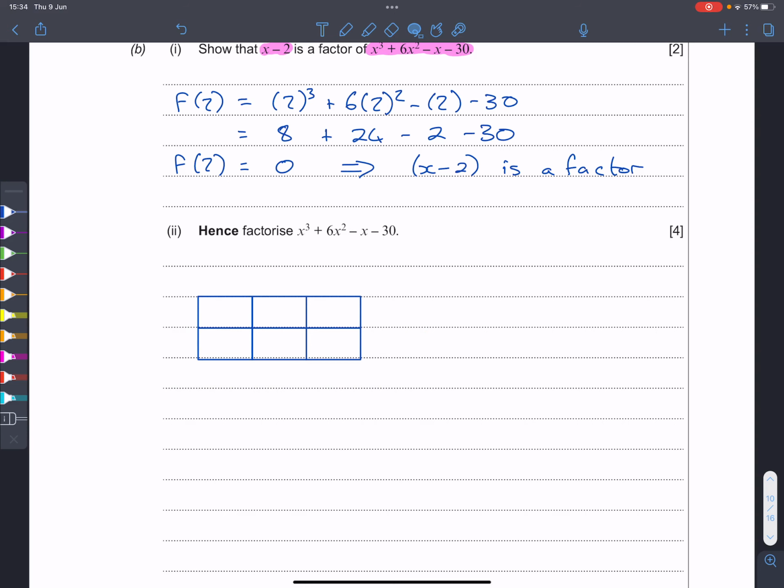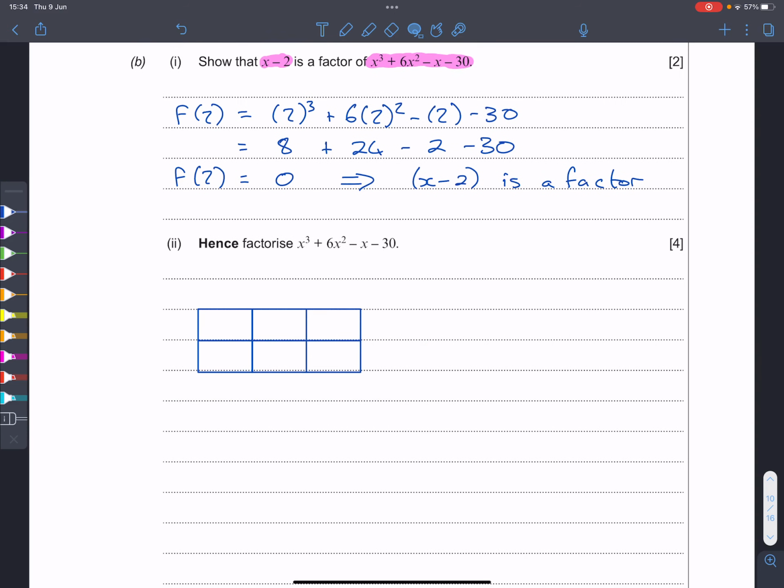So I'm going to make sure that my x cubed is in the top left. My constant is in the bottom right. And then I have these two boxes, which I'll tidy up in my notes, will be my x squareds. And these two will be my x's. Okay, so I know that one of the factors is x minus 2.